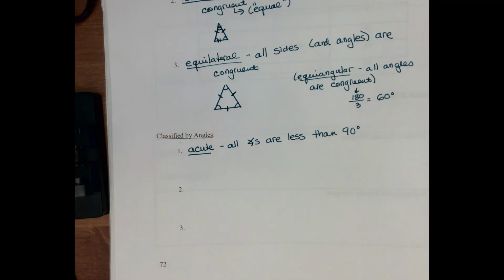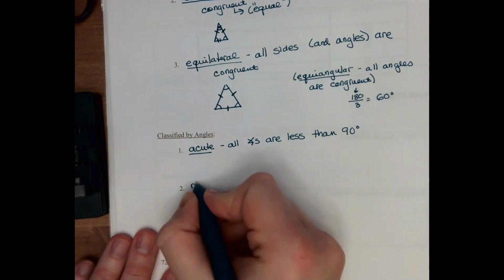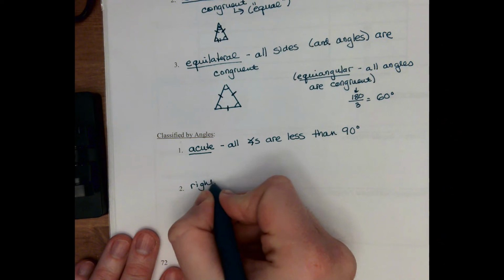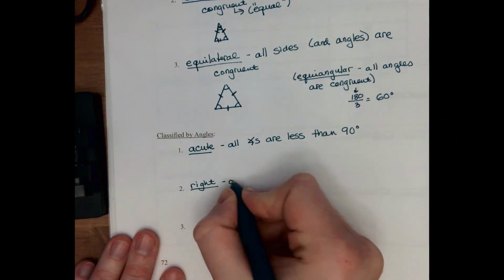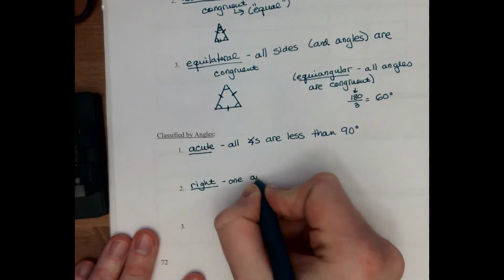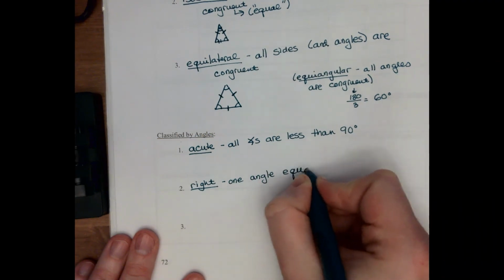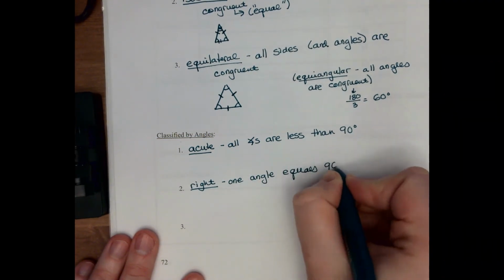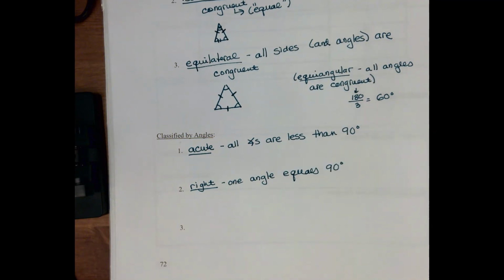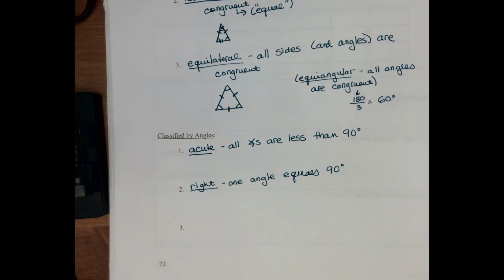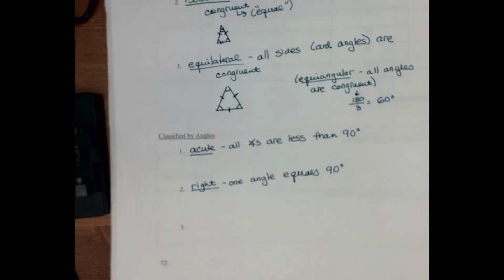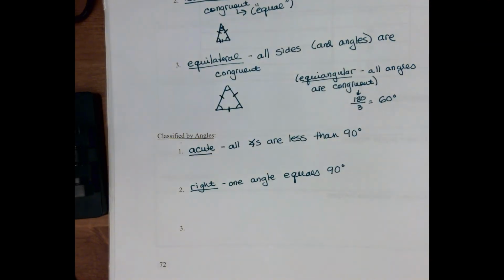Then we have a right triangle. In a right triangle, one angle equals 90 degrees. We have one right angle. I can only have one because if I had two, 90 plus 90 is 180, there'd be no degrees left for my third angle.